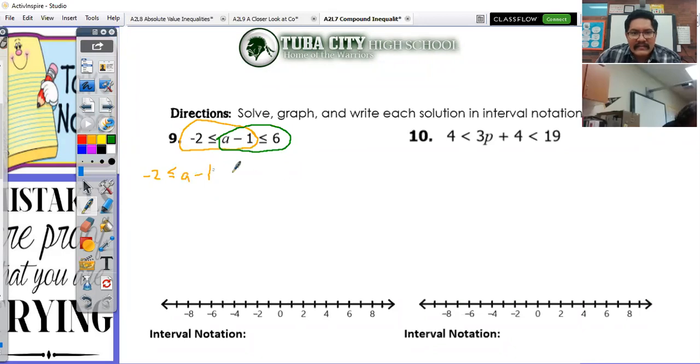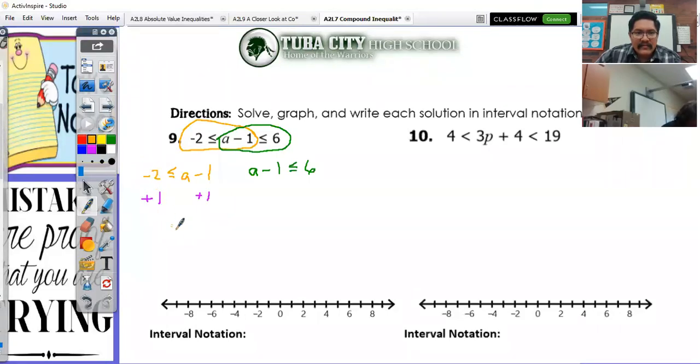But I think this way is less confusing. Maybe it's not as fast. It's probably about the same accuracy in getting the answer. So I have two equations. I have one in the orange and one in the green. From here, we just continue solving like we normally would.